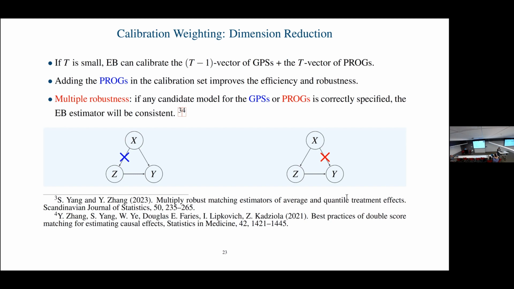If the model is misspecified and we calibrate only one of them, you have a single chance to be correct. But if we calibrate both, you can have double robustness. If the propensity score model is correct, you can block this pathway. If the model for the prognosis score is correct, you can block this pathway. So you can achieve double robustness and still have consistency. This is the idea of double score calibration.